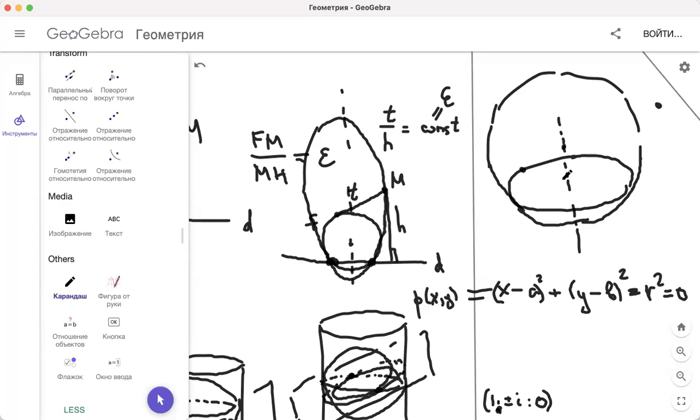But if you consider the value of this function at a point outside the circle, then it is equal to the square of a tangent segment, yes? It is equal to t squared.